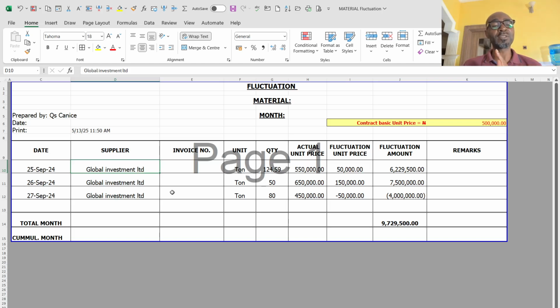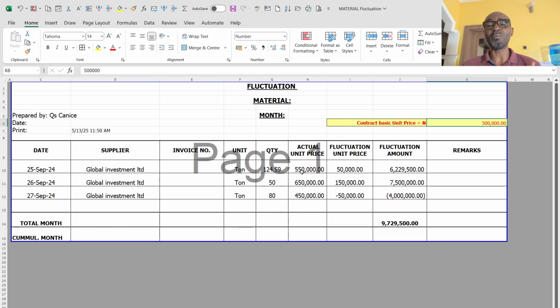He supplied on the 26th of September 50 tons at 650. Then on the 27th of September, he supplied 80 tons at 450. And like I said, the reference basic rate is 500.